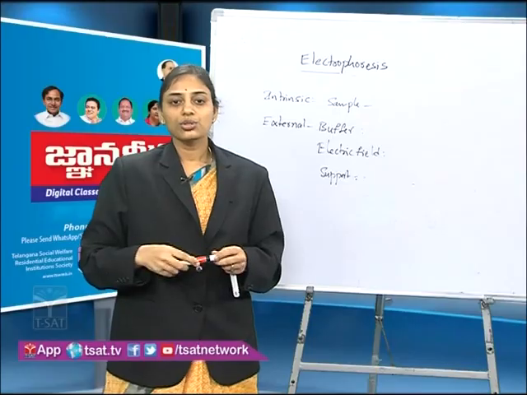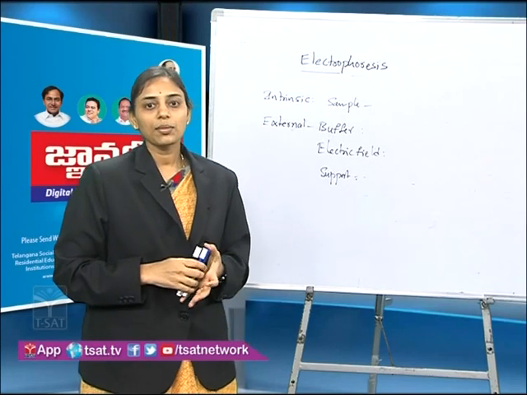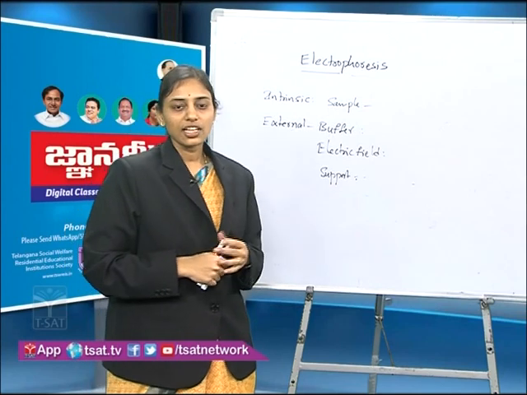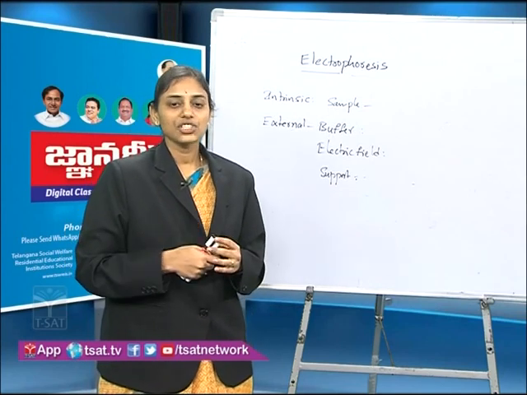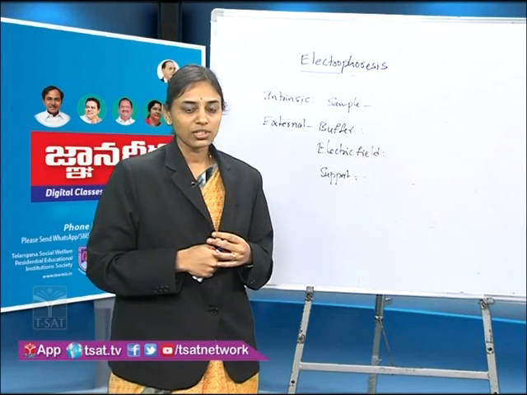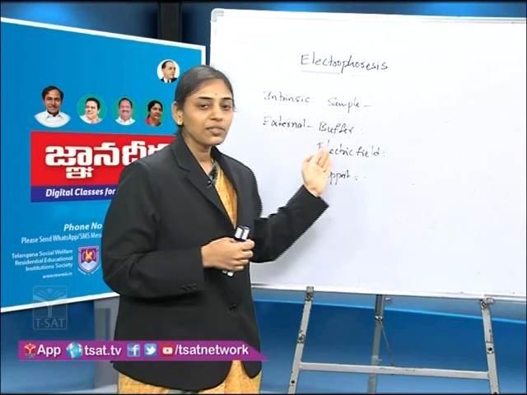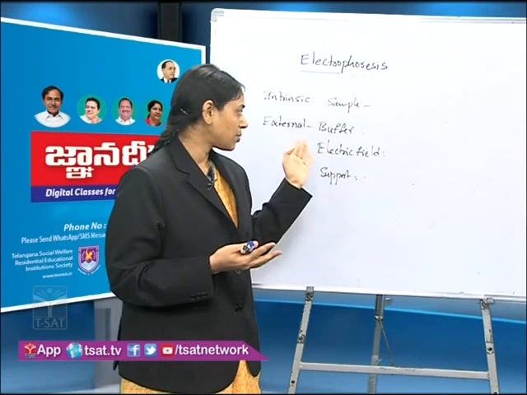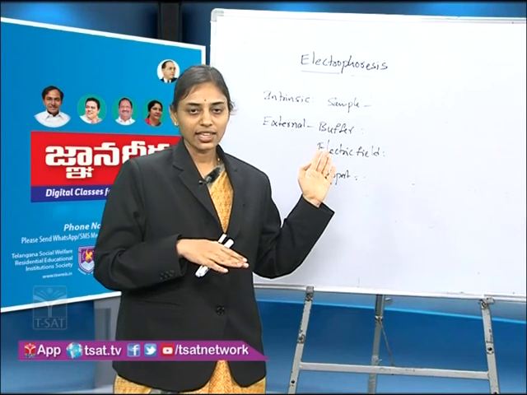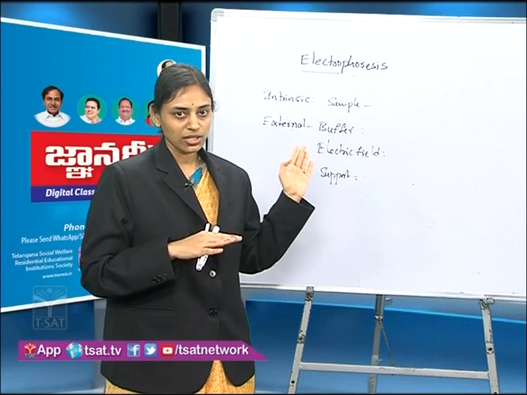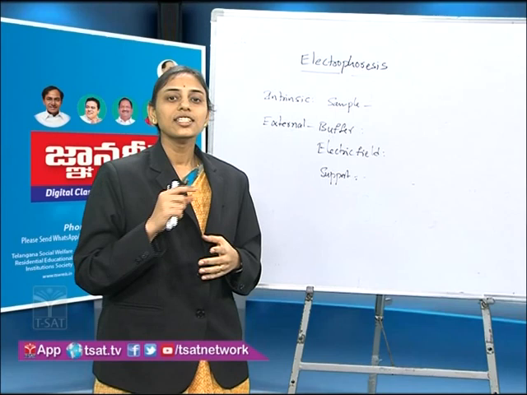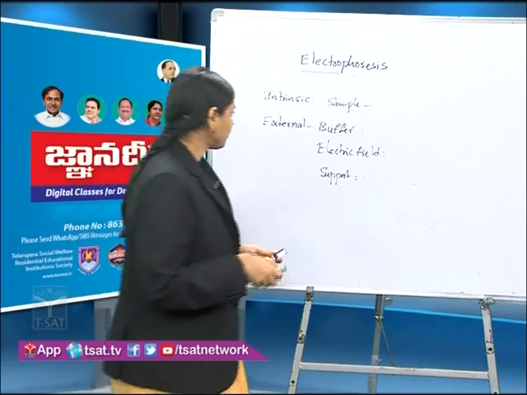Whenever we are going to choose the buffer, we need to consider the properties of the sample. For example, as we saw, the protein's charge could change with the pH of the surrounding medium. So we need to make sure that the buffer we use for protein separation has a pH higher or lower than the isoelectric point, not at the isoelectric point, because at the isoelectric point the charge on the protein would be 0 and it won't move at all.